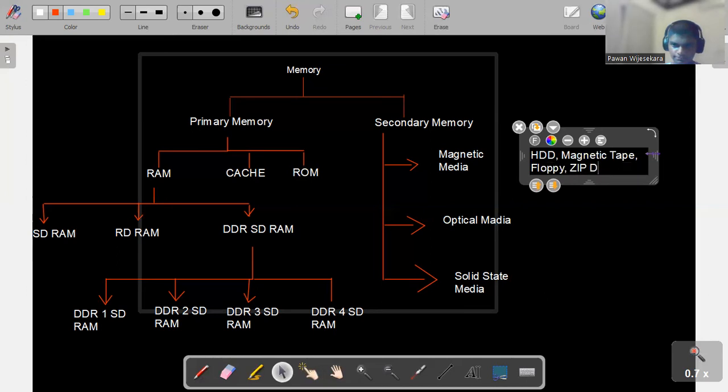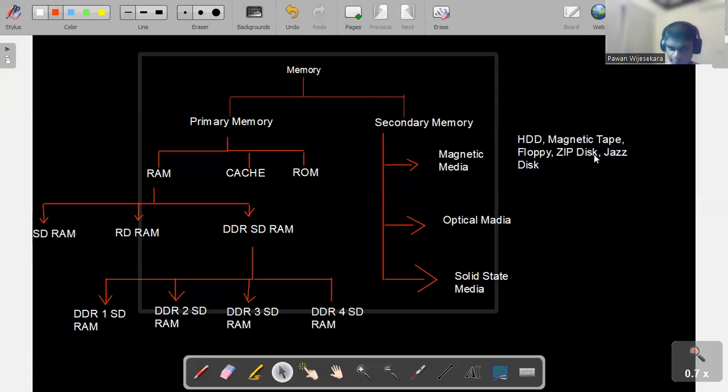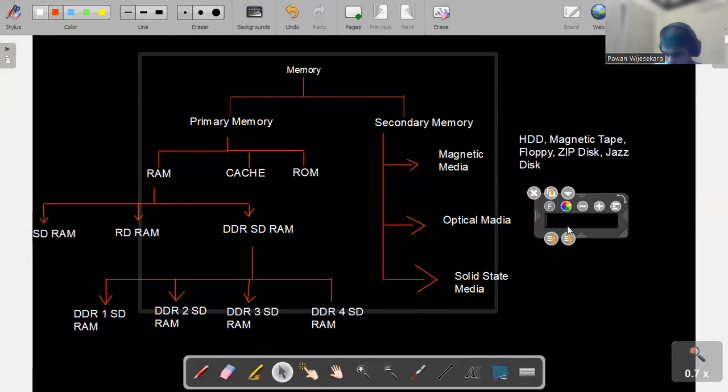Zip disk. Jazz disk. Right? Actually, jazz disk is also very similar to a floppy disk, right? Floppy disk and the zip disk. Those are the magnetic media. Then what are the optical media? What are the optical media?